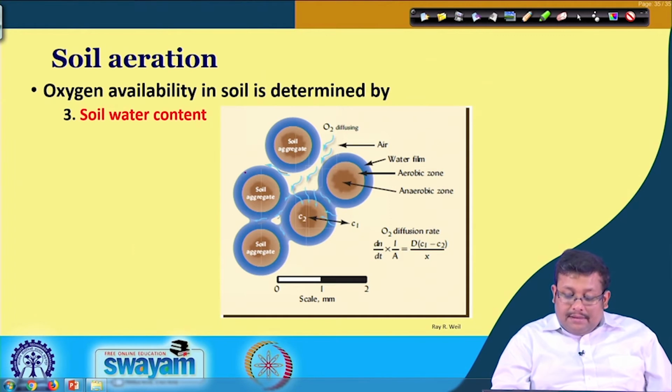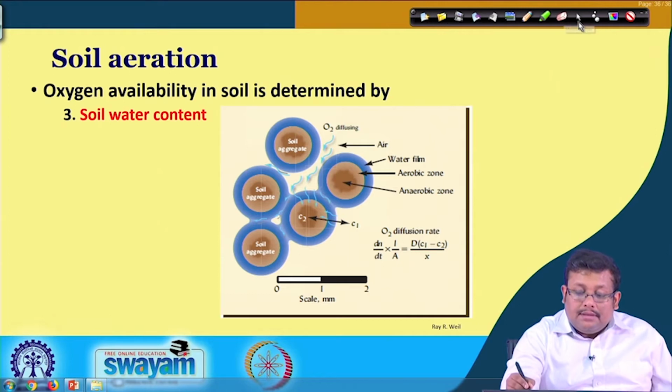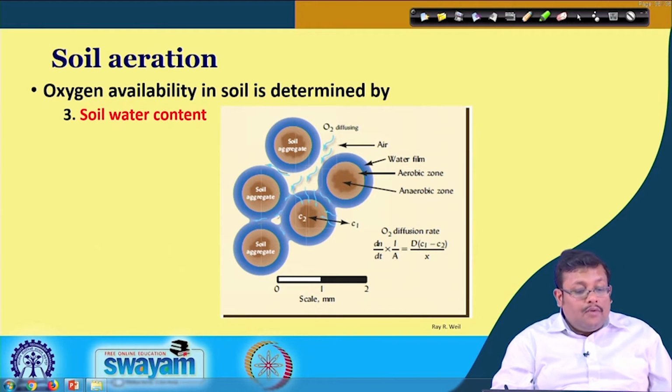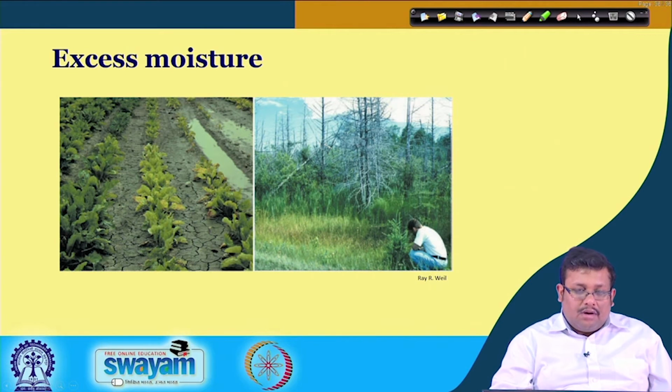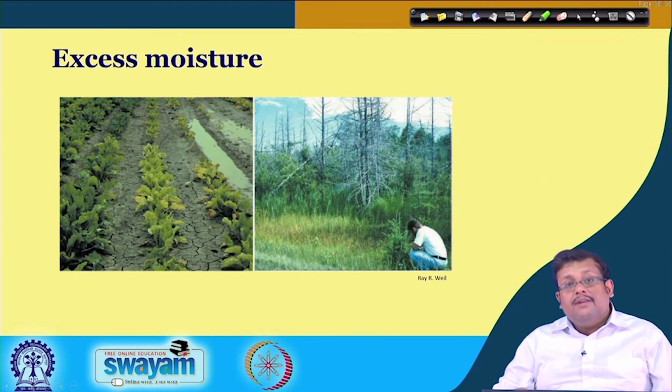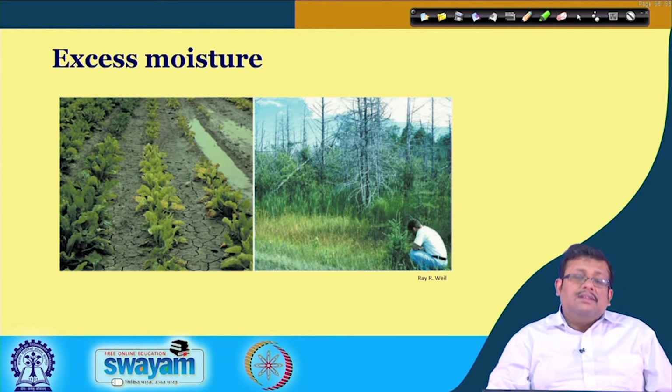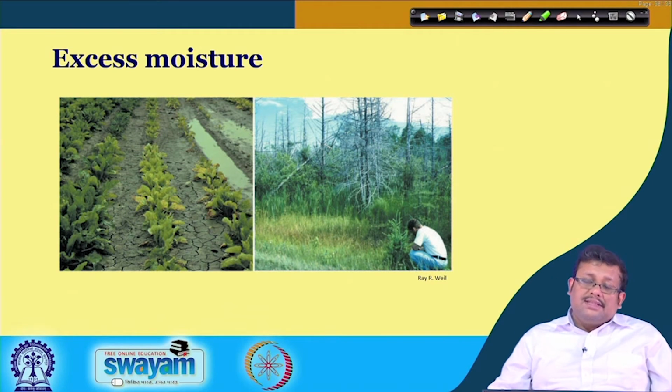So we know the implication of water content for soil aeration, or the oxygen content of the soil. Now let us see the effect of excess moisture.